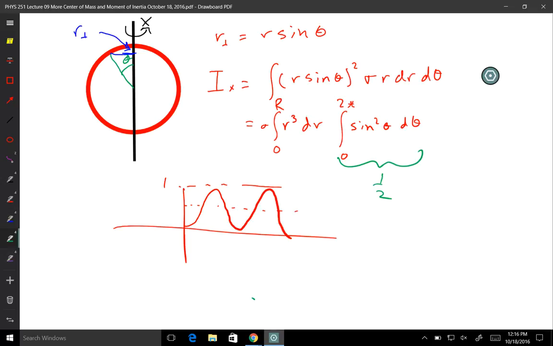The other easy way is to use the substitution that sine squared theta is equal to 1/2 times 1 minus cosine of 2 theta. And then the average of the cosine over an integer number of cycles is 0, and you just have 1/2 again. Okay, and the first part we already saw, we already did this calculation.